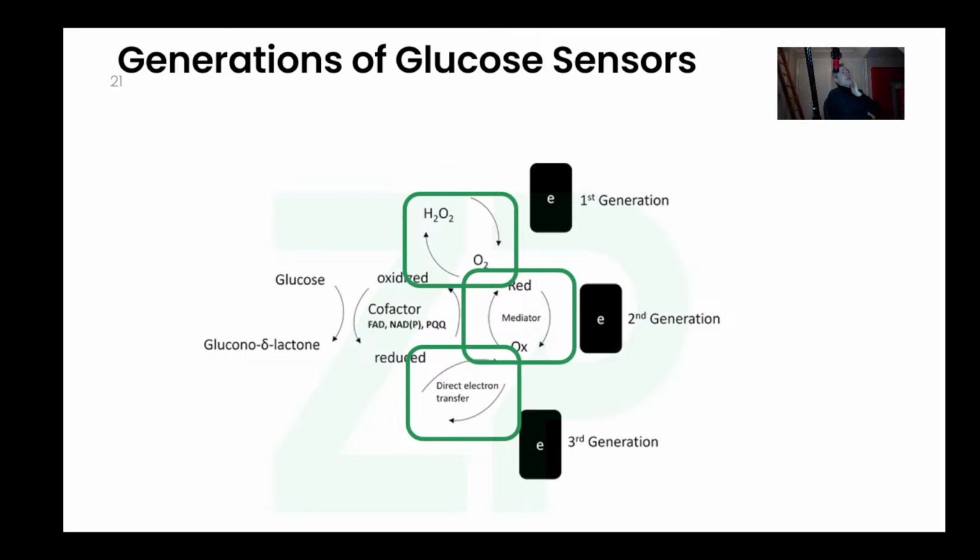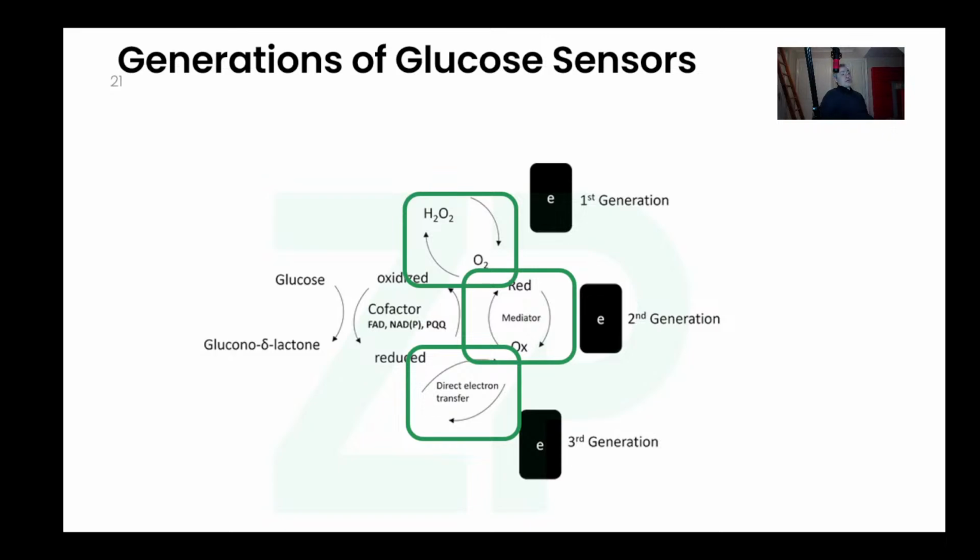And because we are not using hydrogen peroxide, we don't have to use what we call a poise potential of, let's say, 650 millivolts. We can use a much lower poise potential, and therefore we get a lot less interference. So Gen 2 would argue that they're better than Gen 1 because they're not oxygen dependent, and they can use a lower potential, so they probably have less interference.